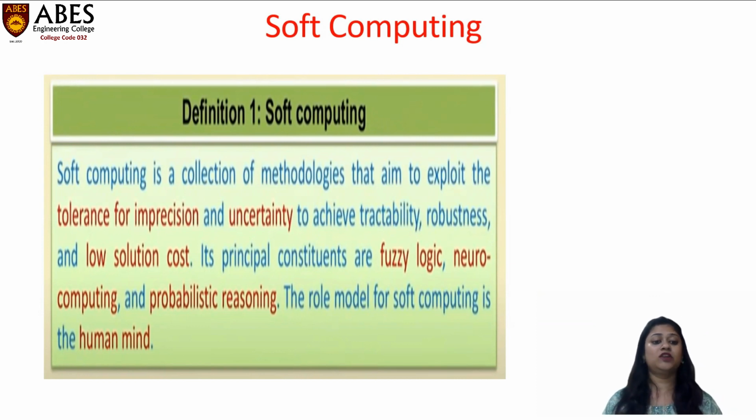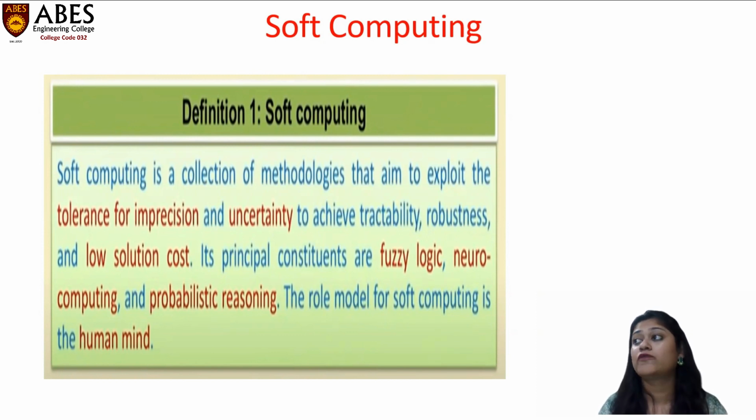As per the definition, soft computing is a collection of methodologies that aim to exploit the tolerance for imprecision and uncertainty to achieve tractability, robustness, and low-cost solutions. Its principal constituents are fuzzy logic, neural computing, and probabilistic reasoning.